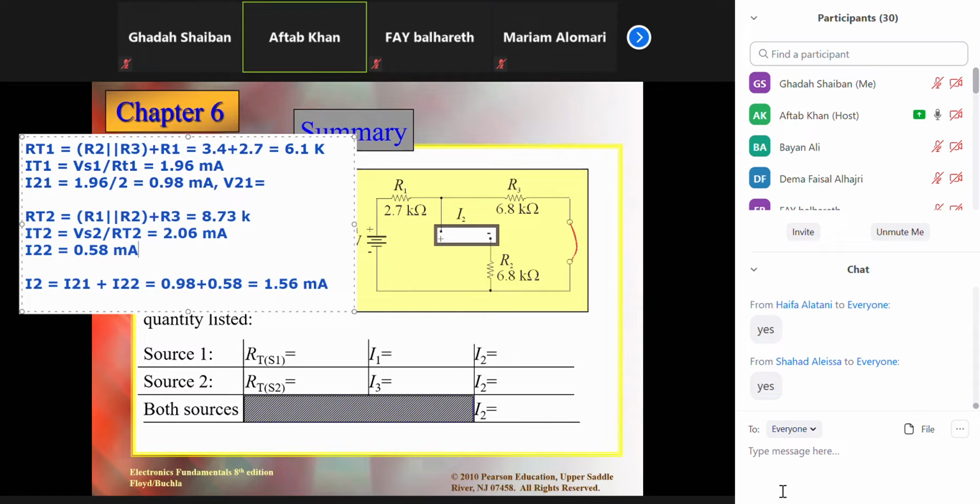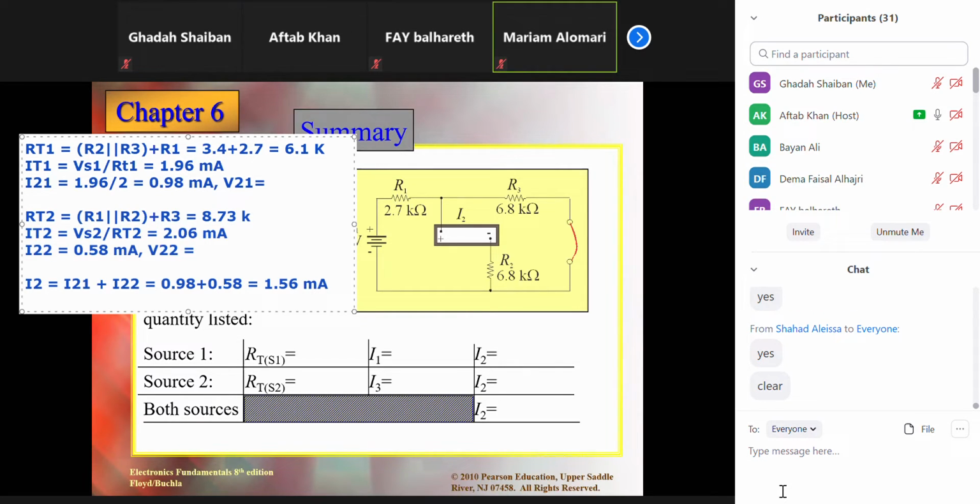Similarly, once you get this current, you can also calculate V22, and then finally you need to add both the voltages. Same. Clear point? Clear. Okay, so this way you can apply the superposition theorem and you can find the current. But definitely it will take some time, so you cannot be in a hurry, but with practice you will know these things. So these are the values.